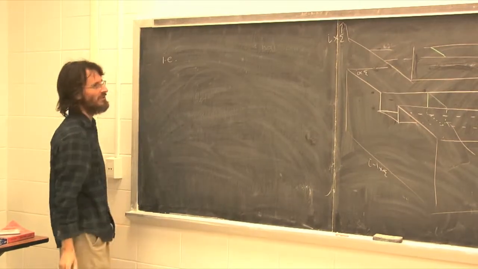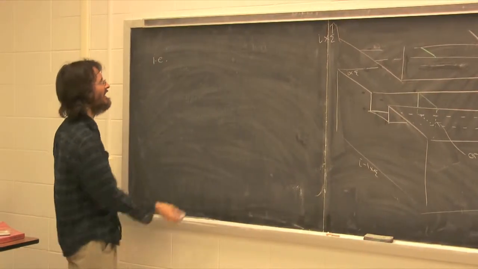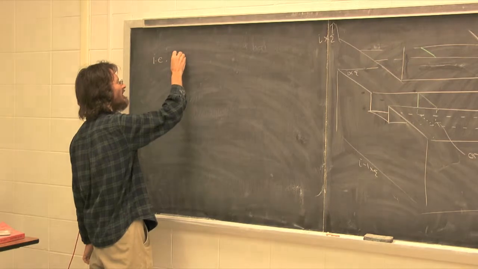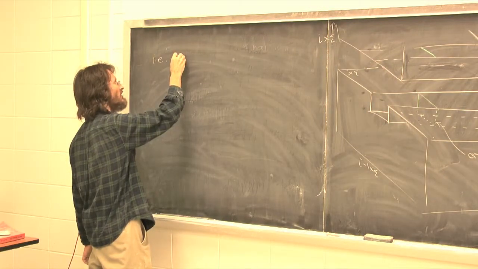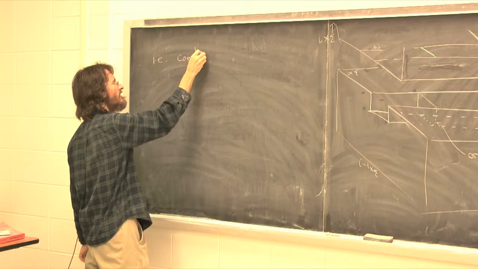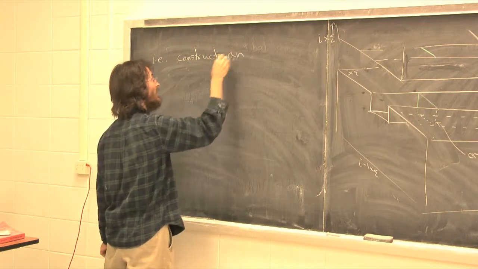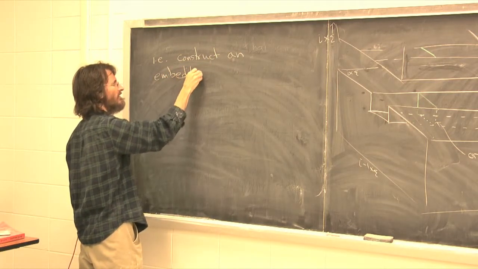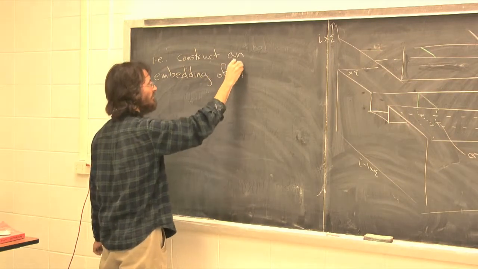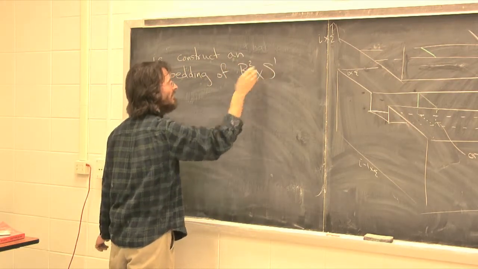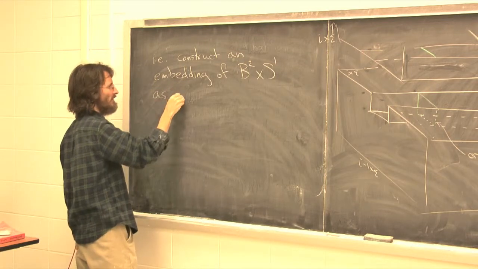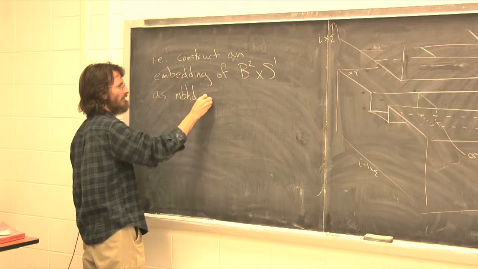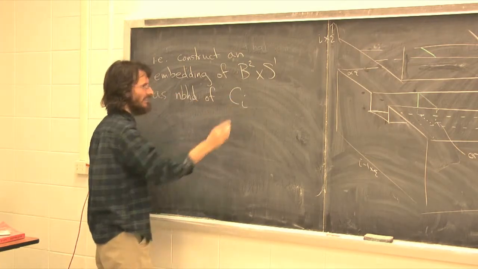So another way to say that is, what we could do is we construct an embedding of B2 cross S1 as a neighborhood of this curve C_i.